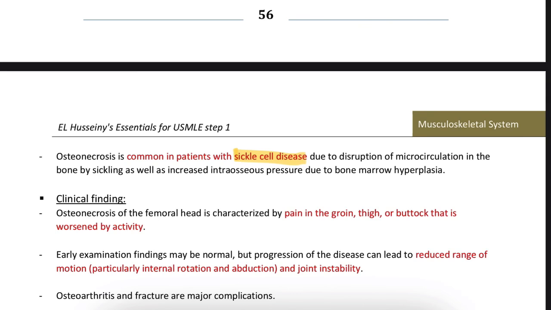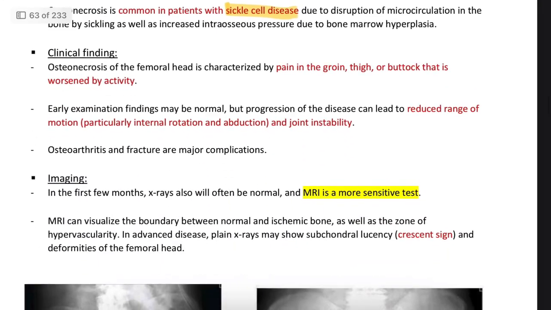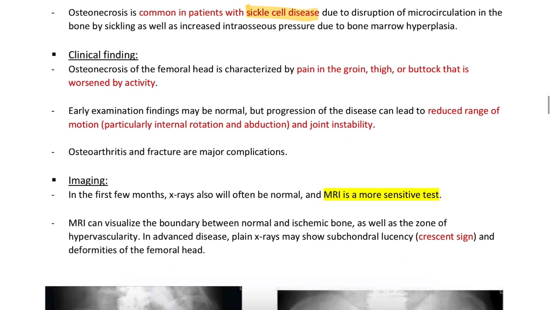Understood? Next one, clinical features. If a patient comes to us, what does the patient feel? If we ask, the first thing mentioned is pain in the groin region, thigh region, and buttocks.